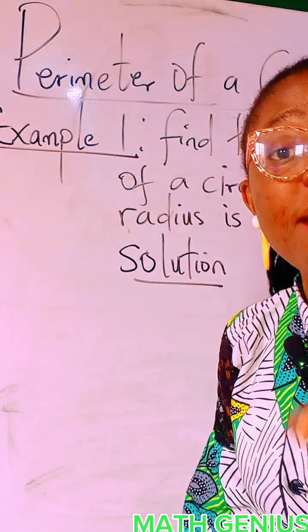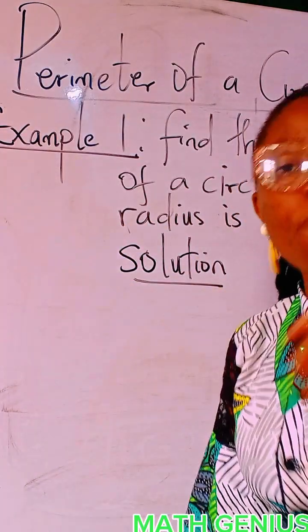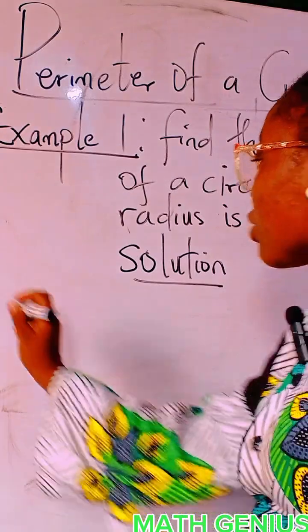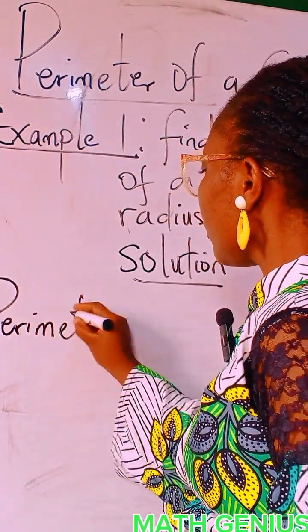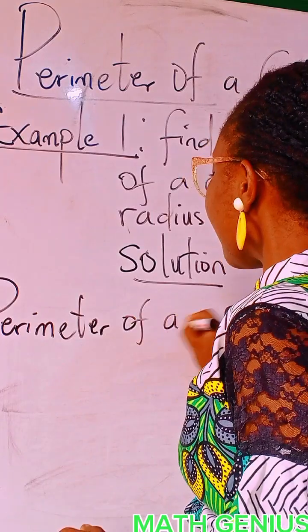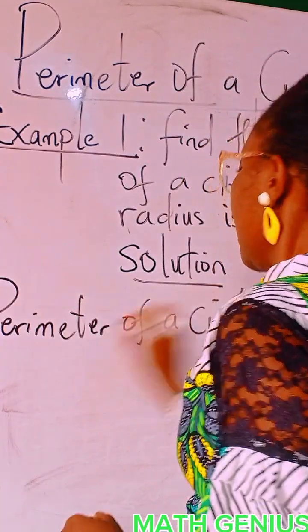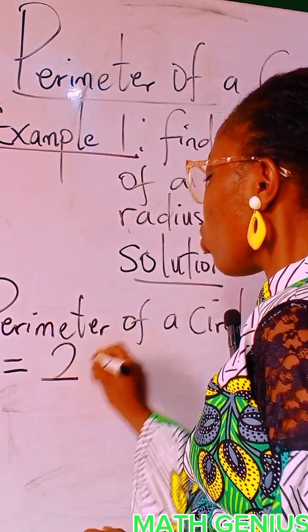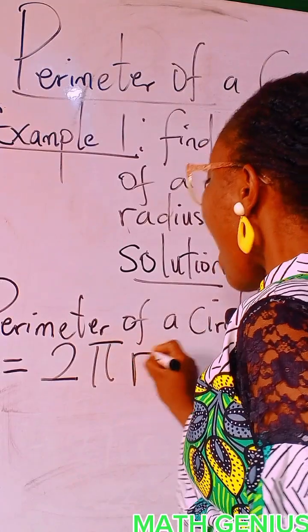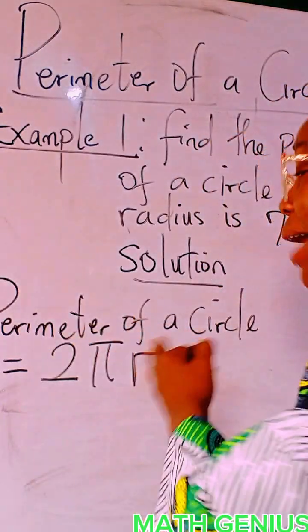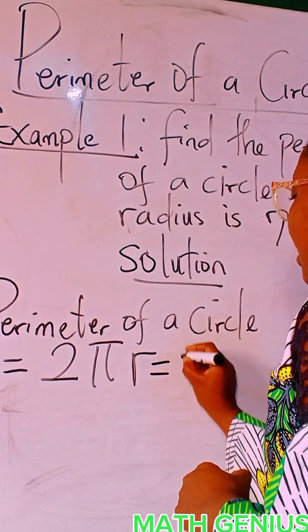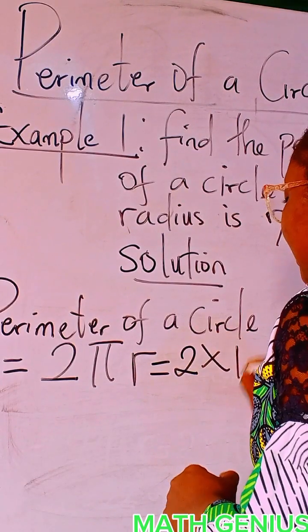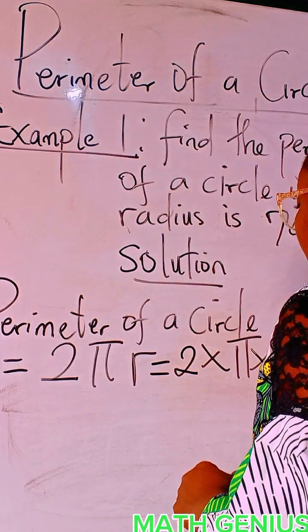It means the very first thing I need to do is to write the formula of perimeter of a circle. So, let's roll. Perimeter of a circle is equal to 2 pi r. Remember, I expanded that to mean 2 times pi times r.